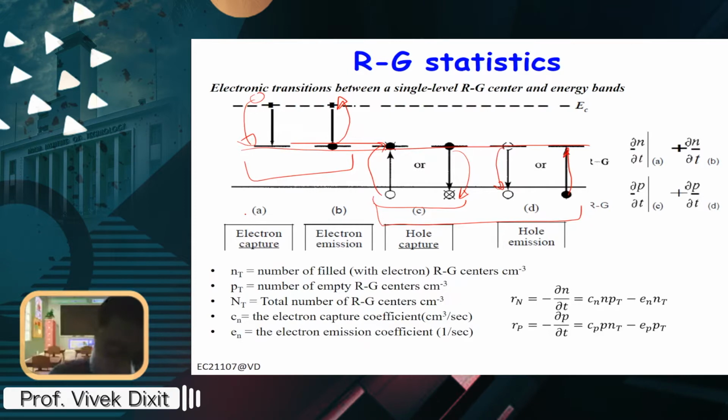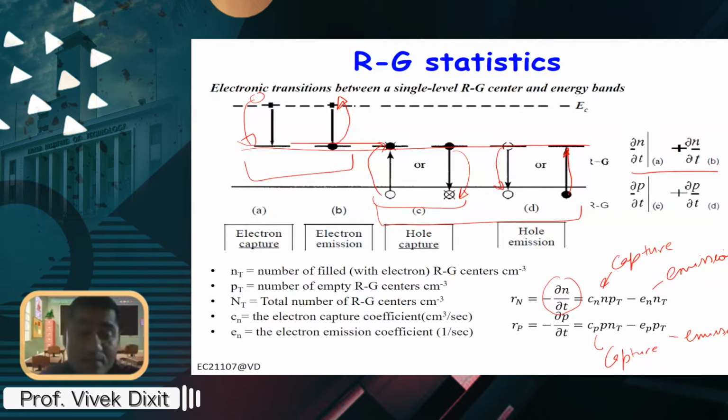That means minus dN by dt, or recombination, will be capture minus emission. Similarly for holes, capture minus emission, right? Now capture will depend on what parameter?